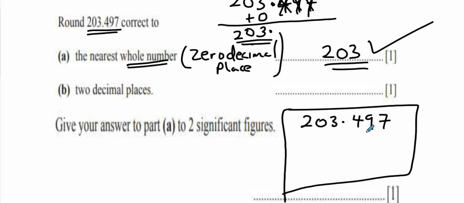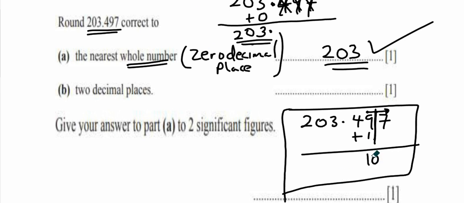203.497. They need 2 decimal places. So you put a border over here because this is where 2 decimal places end. Check on your right. Can you see a 7? A 7 is bigger than 5. So add 1 here. Now remember what I said? 9 plus 1, don't write 10.